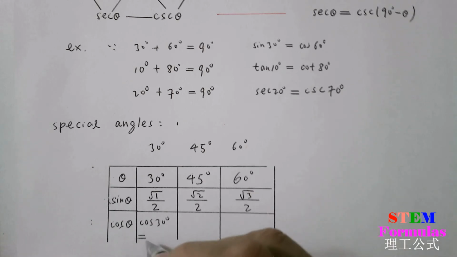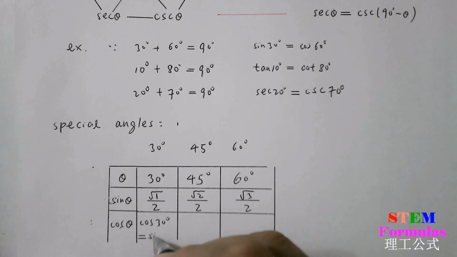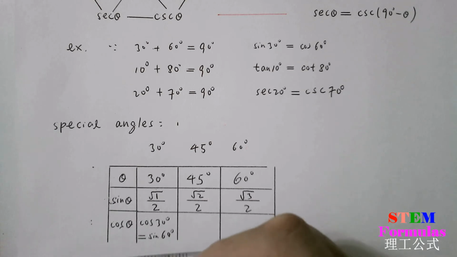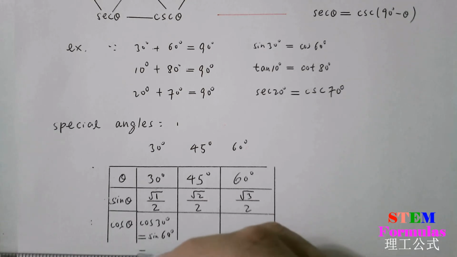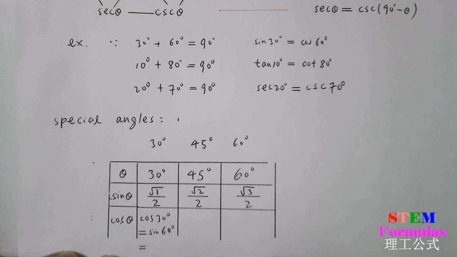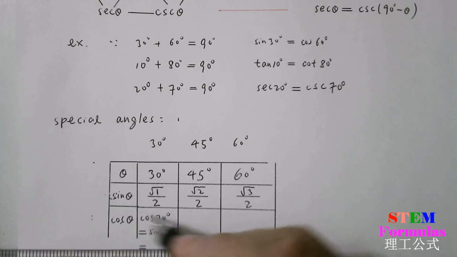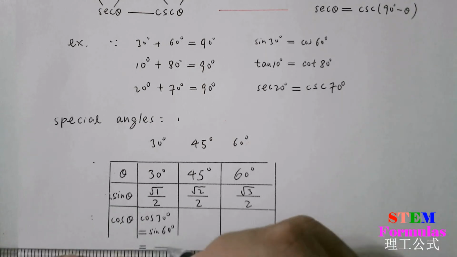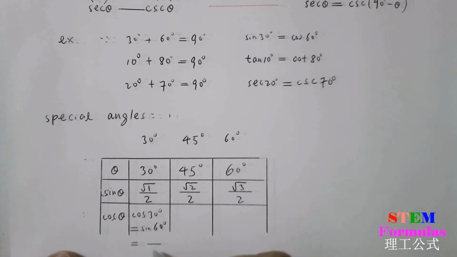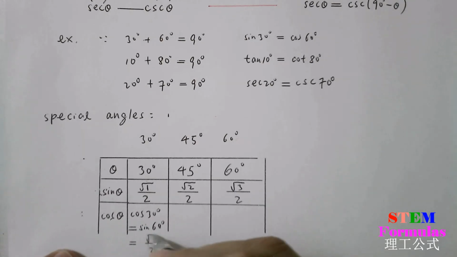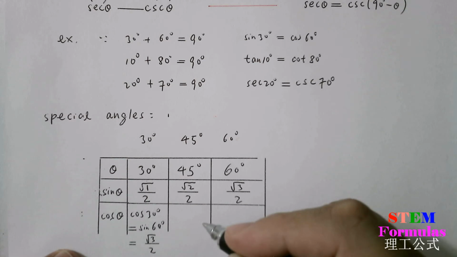So cosine 30 degrees equal to sine 60 degrees. Therefore, this one equal, and sine 60 degrees equal square root 3 over 2.